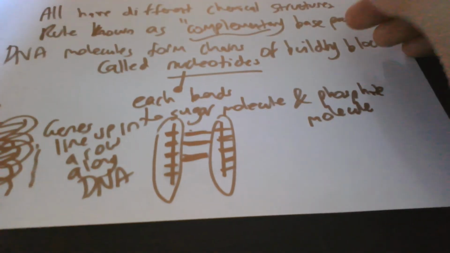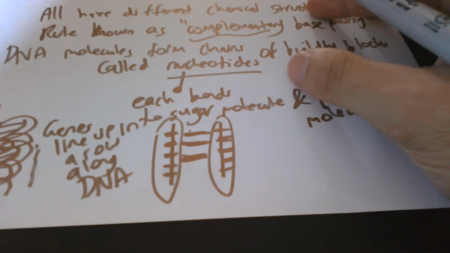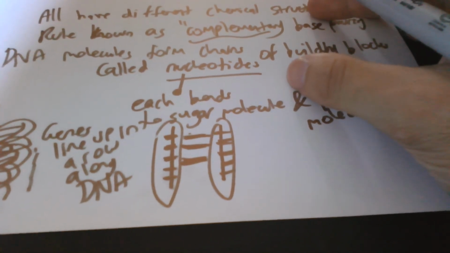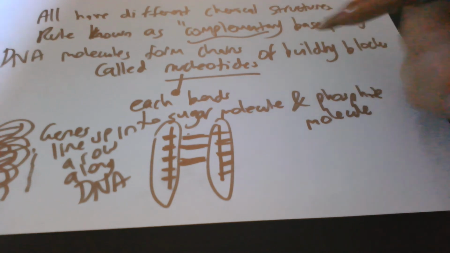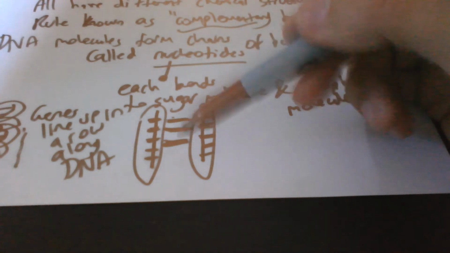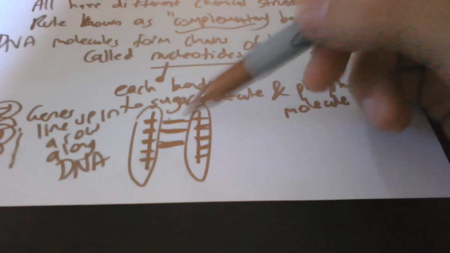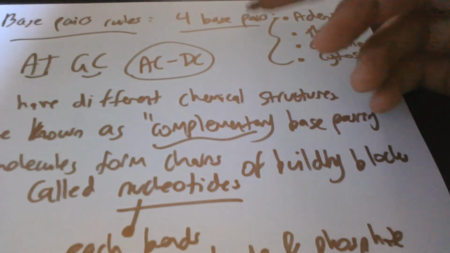Just to recap, I talked about the structure of DNA. It's deoxyribonucleic acid. The stupid mnemonic to know is the ox rides on nucleic acid. It's made of nucleotides: the two ladder uprights, and the rungs in the middle are made of base pairs. There are complementary base pair rules.